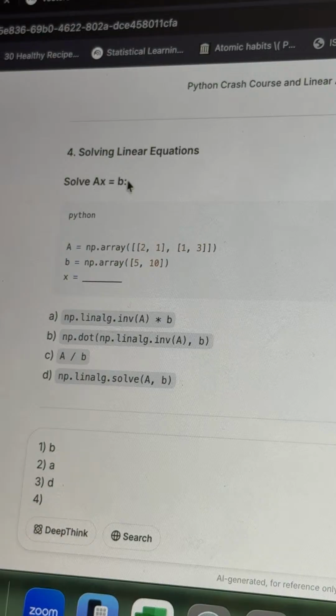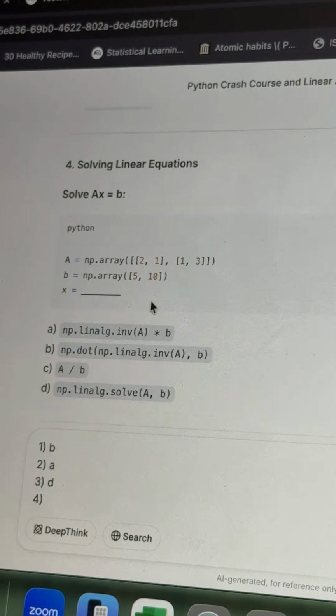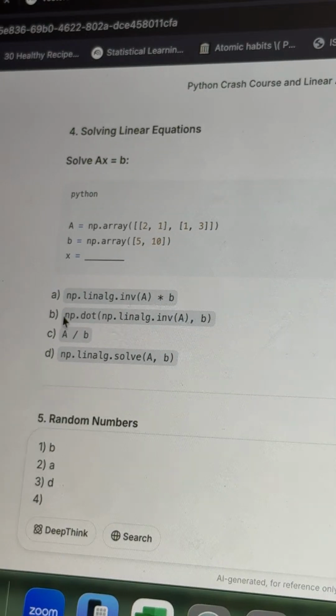Solve Ax equals b. Wait, how did I get this one wrong? I forgot even what I put. I think I put this one. Because you want to find the inverse, right? You want to put the inverse of A, because A is a matrix here, to put on the other side. Yeah, it has to be an inverse. So the only one it could be is A, if not B, which I put last time. But you have to understand why that's the case, right?